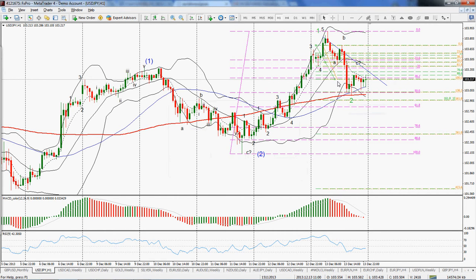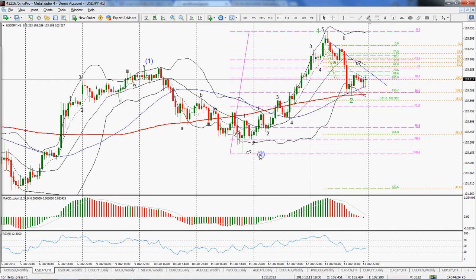Actually, it has reacted slightly to that level as well. Yeah, that could be a B already. There could be a C and a second wave, because I've got a second wave here. But it looks also like 1, 2, 3, 4, and 5. So in this case, this will be slightly deeper, somewhere here, 78.6 or even 88.6.